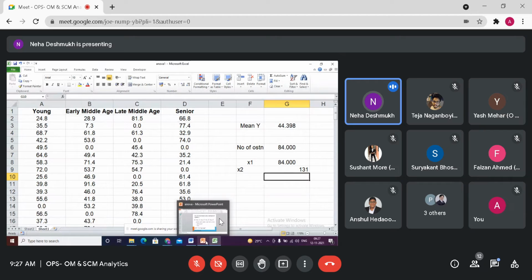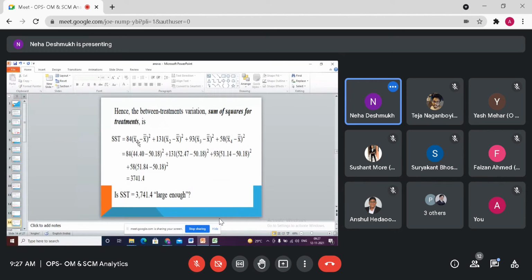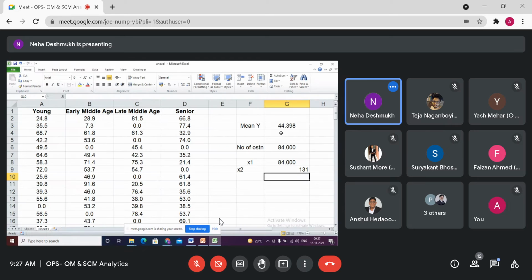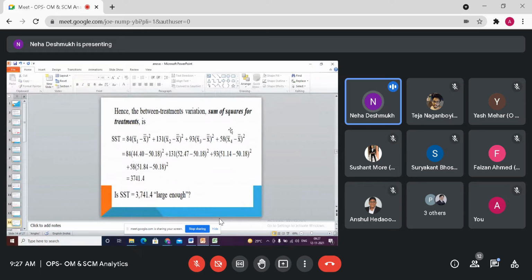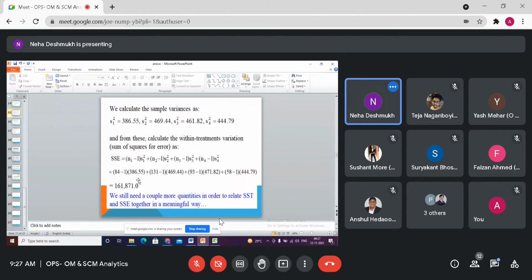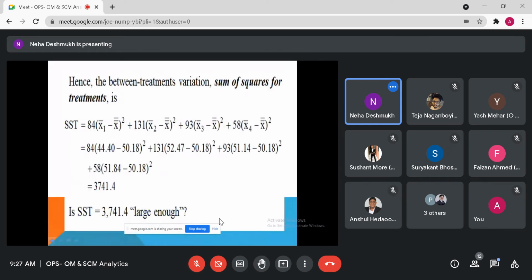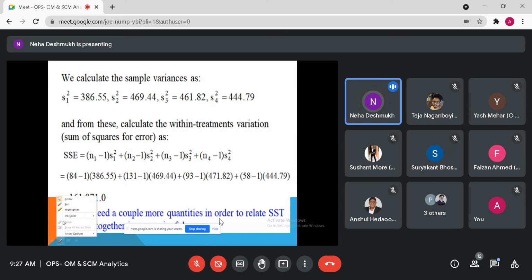So in this way we can calculate. This is the average of x1. We have already calculated this, 44.39, right? So SST, the sum of squares of treatment, you can calculate this. Then you can calculate the sample variance. What is the formula to calculate sample variance? We have discussed this.